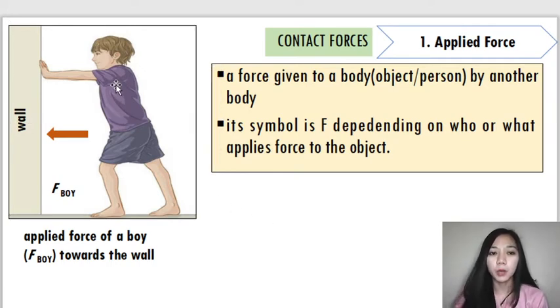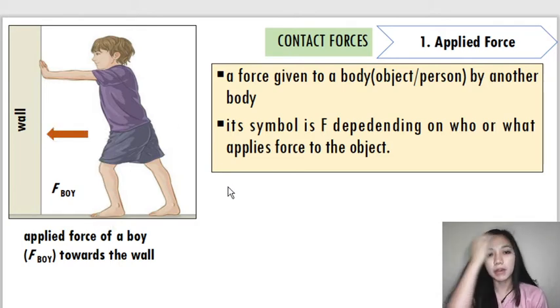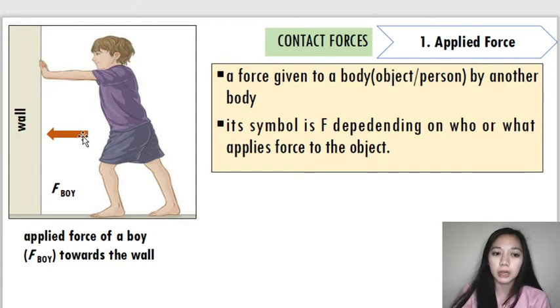It is the boy who applies the applied force by pushing the wall forward. That's why yung direction ng ating force ay forward. Remember, whenever we describe the force of an object, there should be a direction. And in this picture, the direction is to the left or towards the wall.